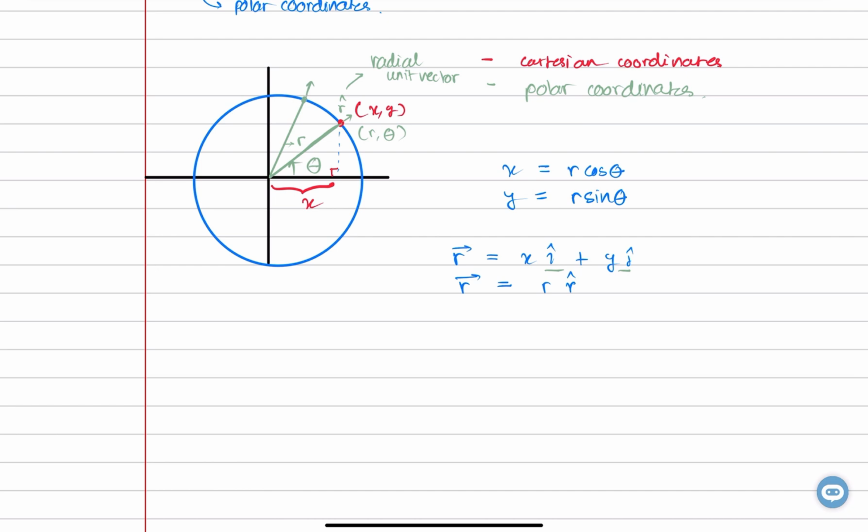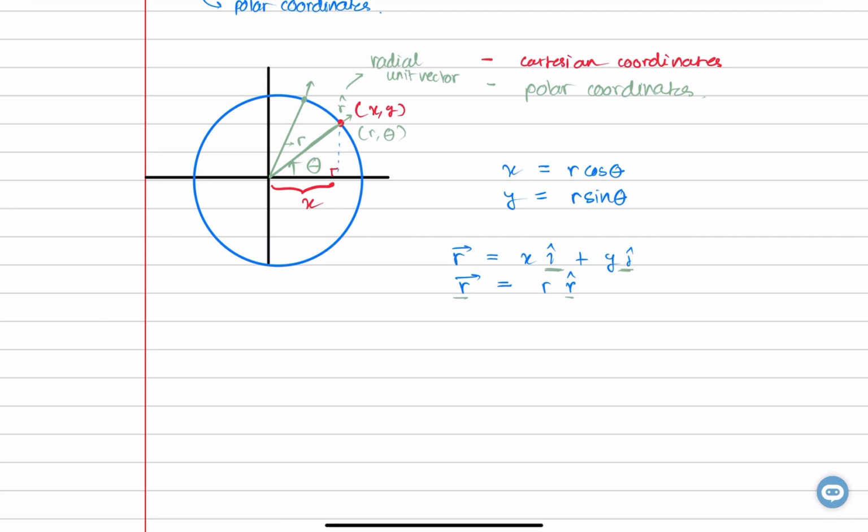Polar coordinates, on the other hand, are not coordinates in the same sense that Cartesian coordinates are. They are coordinates in the sense that using these two quantities we can describe a point uniquely, but there is no fundamental unit that we can use to describe every single point, because at the end of the day the vector r cap is defined in terms of r, which in turn is defined in terms of i cap and j cap.